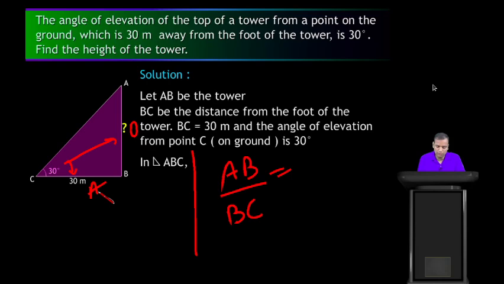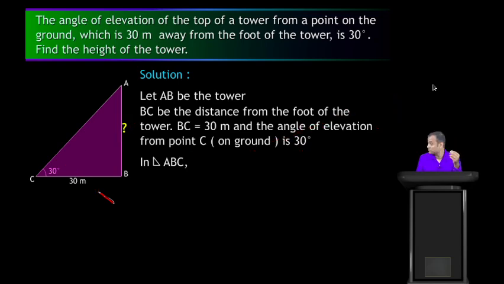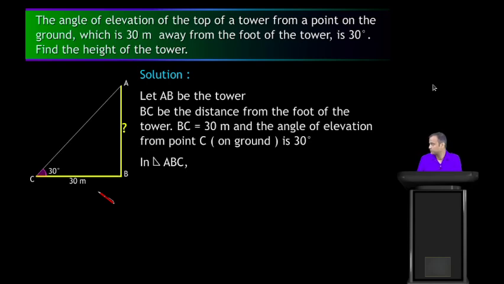So it is equal to opposite upon adjacent. Do you know the ratio of opposite upon adjacent? Yes, anyone? Yes, very good. It is equal to tan. This ratio is tan, and the angle is 30 degree. So we can use this ratio. So in triangle ABC, we have AB upon BC, and this is equal to tan 30 degree.